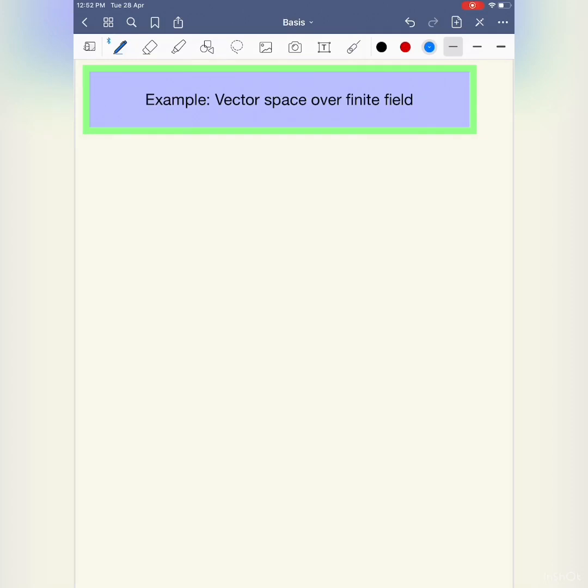Let's come back to the example of a vector space over a finite field. Okay, let's see the example.